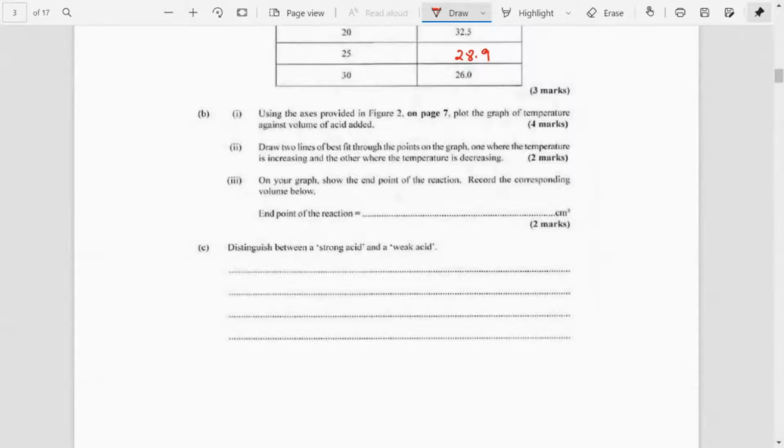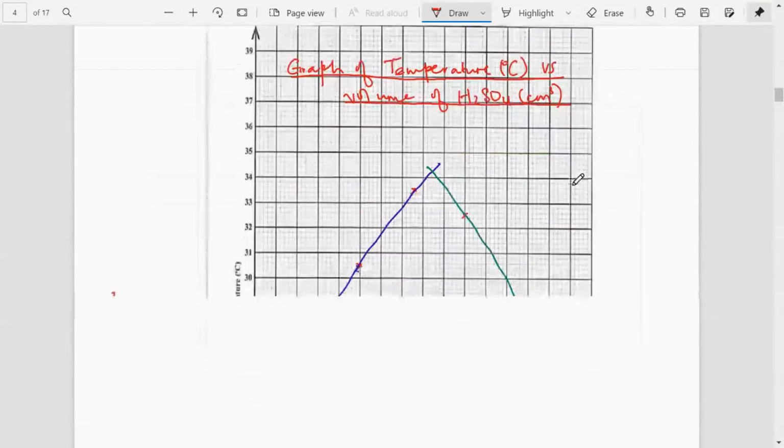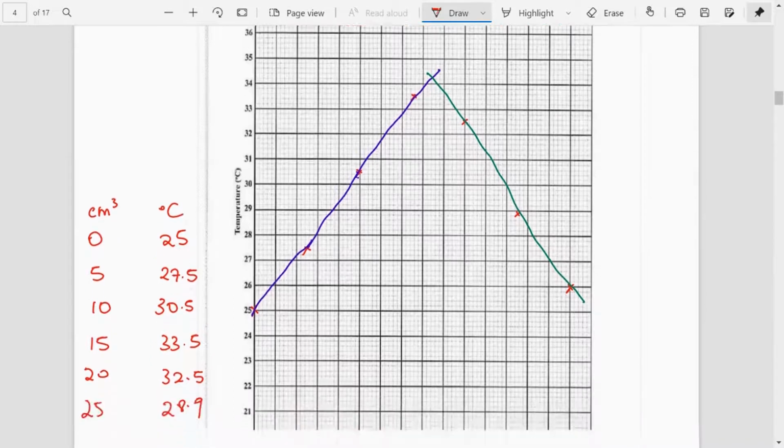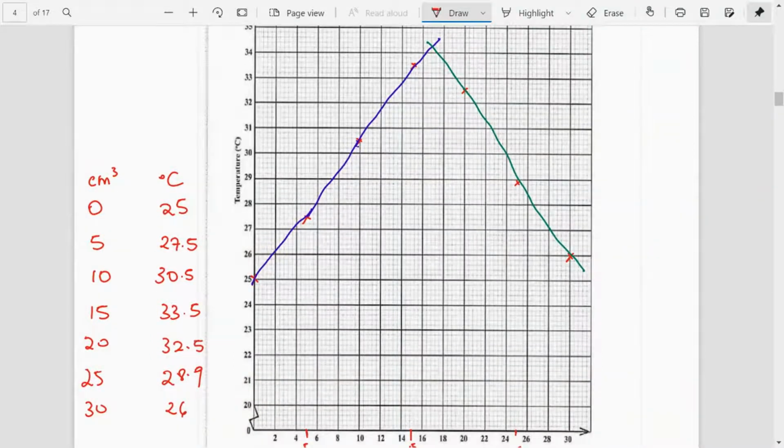Then the next question says, on your graph, show the endpoint of the reaction and state the corresponding volume below. So your endpoint would be where the two lines of best fit intersect. That would be your highest point. And then that would correspond to your equivalent volume. Let's see.